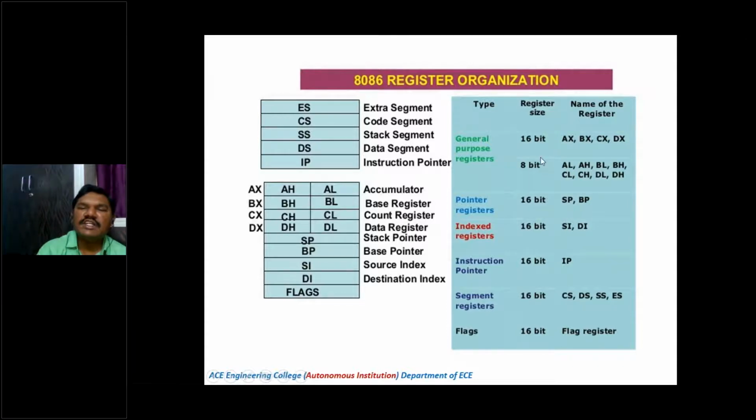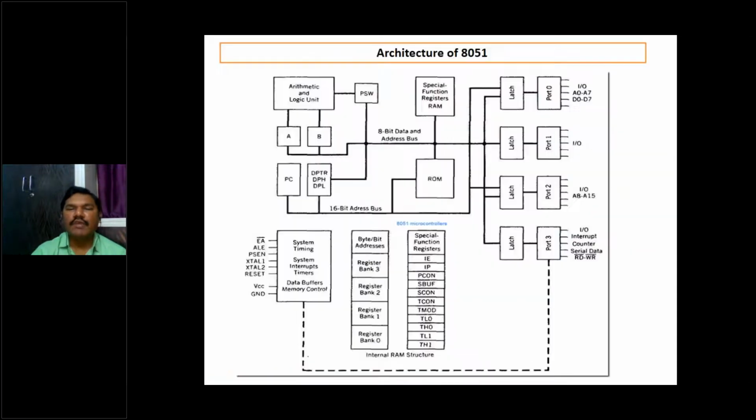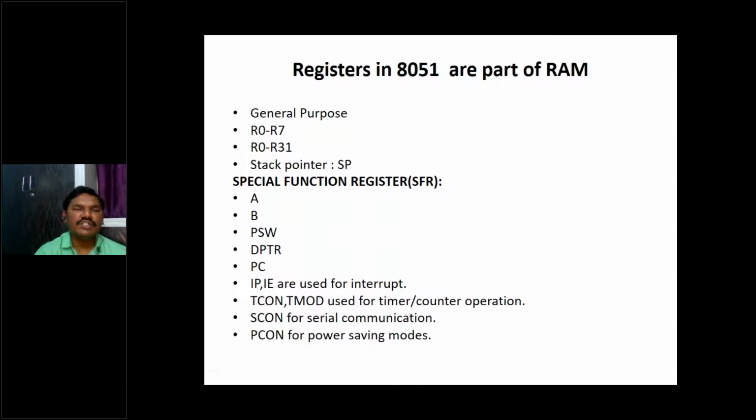Even though the general purpose registers are 16-bit, 8 bits are internally available. Why? Because the 8086 microprocessor or 8051 microcontroller usually performs with the ASCII formatted number system, 0 to 9, which is in ASCII format. That's why we need 8-bit registers.